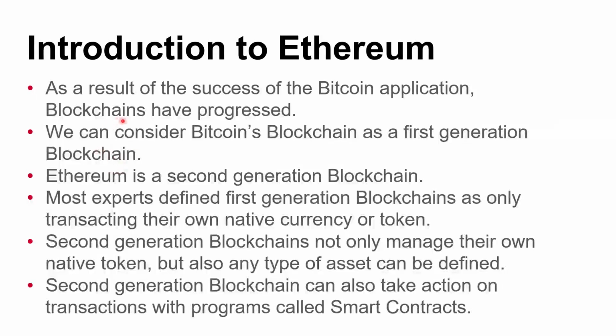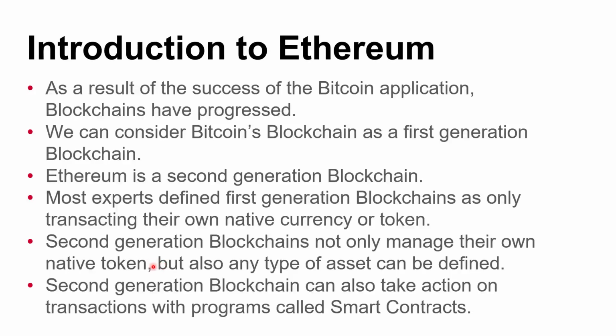As a result of the success of Bitcoin, blockchains have progressed. Today, we have second generation blockchains. Second generation blockchains not only manage a native token or the exchange of value, but they can also manage any type of asset. It does not have to be the native token.